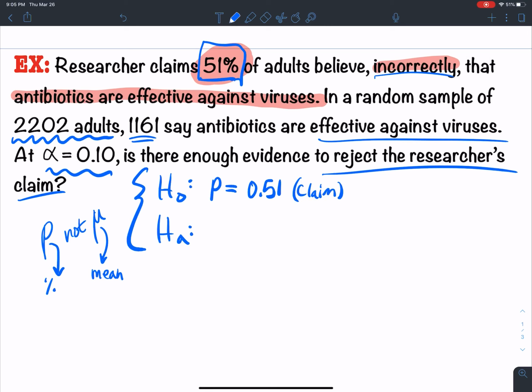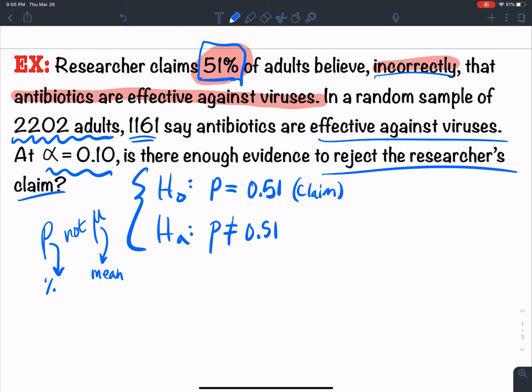So 51% of people believe incorrectly that antibiotics will actually work against a virus. Basically, people don't know, so they guess. 50-50 shot, right? Sounds like antibiotics would work. Or, no, I don't know. Probably not, right? So the opposite of p equal to 0.51 is p not equal to 0.51.